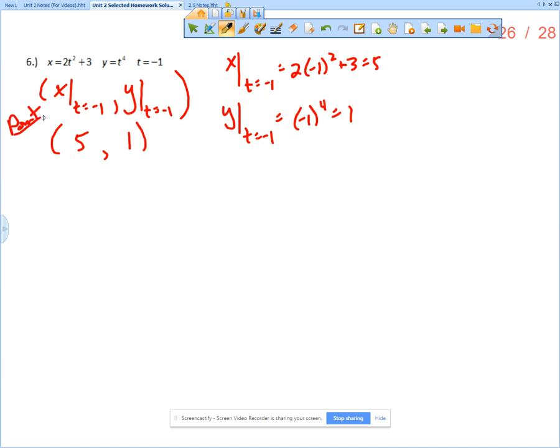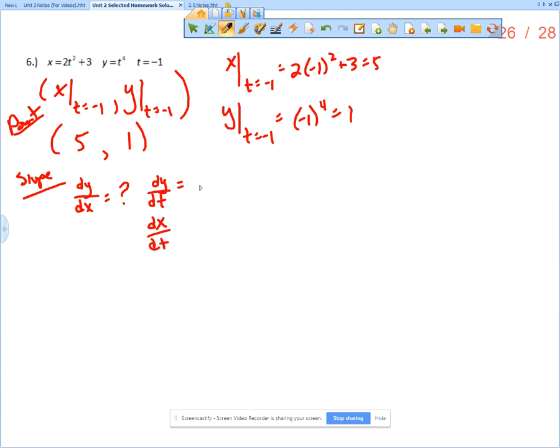Then the next thing we need to do is find the slope. Remember, the slope of the tangent line is going to be dy dx. So that's the first thing we need to find. How do I do that? Remember, when we have x as a function of t and y as a function of t, we find dy dt and dx dt, and then we divide.